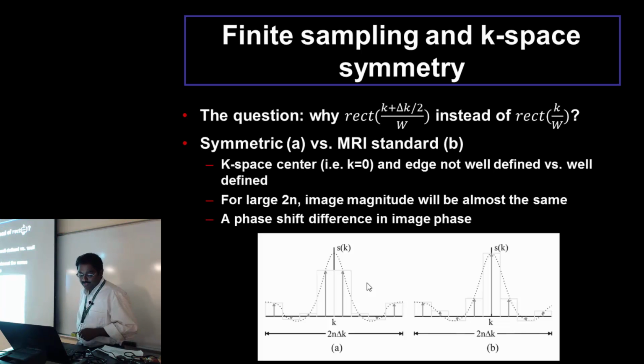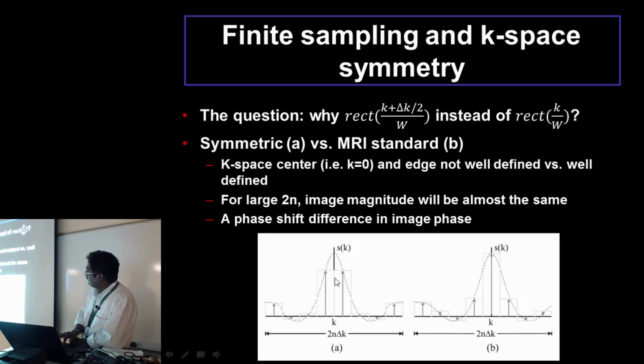The reason why you are shifting your rectangular function by delta k by 2 is this illustration. If you have an even number of points, which is usually what you would sample when you want to do fast reconstruction using the fast Fourier transform, you can sample it in two ways, right?